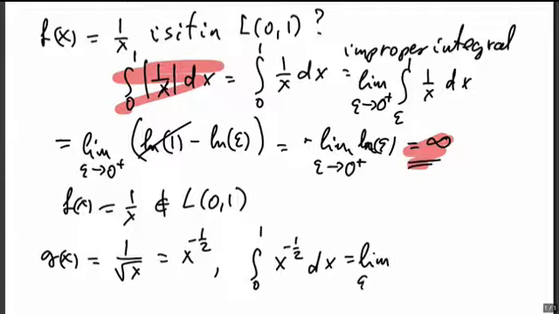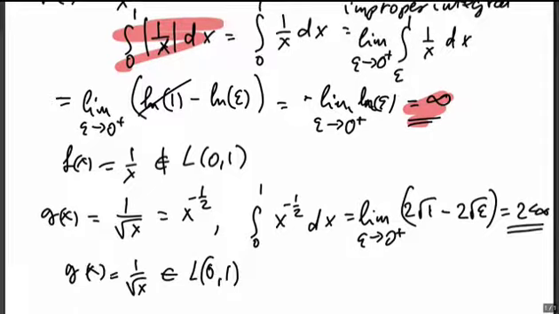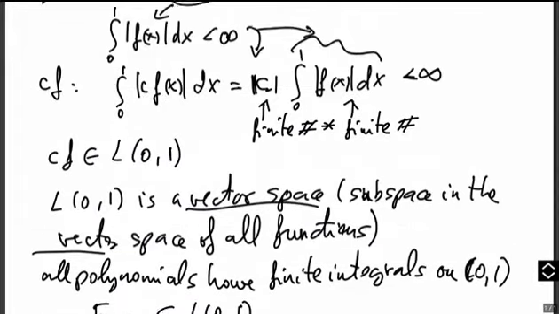The limit as epsilon goes to 0 of 2 times square root of 1 minus 2 times square root of epsilon, and the limit of the square root of epsilon as epsilon goes to 0 from the right is 0, so we end up with 2, which is finite. What we obtained is that g of x equals 1 over square root of x is in the L0, 1 integrable functions vector space.